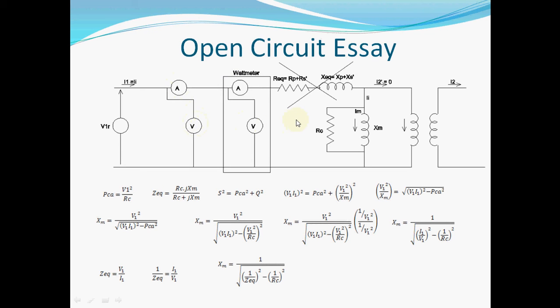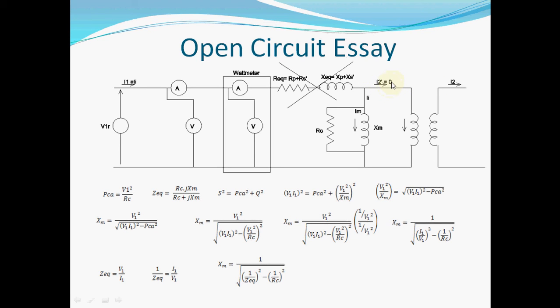And as we can see, the rated voltage is applied to this circuit. The secondary current is 0. So the secondary current reflected by the primary, this expression, is equal to 0.